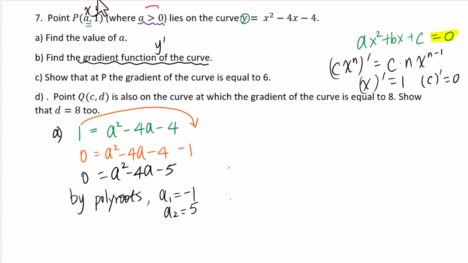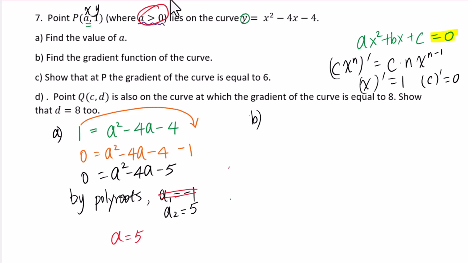Since a is positive, we will cross out a1 equals -1. So a equals 5.